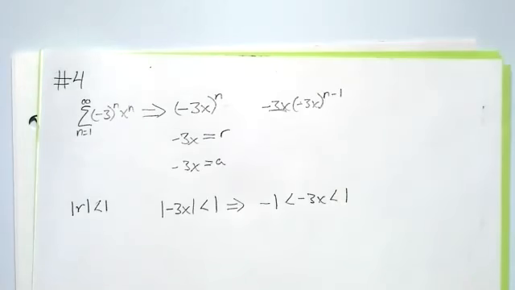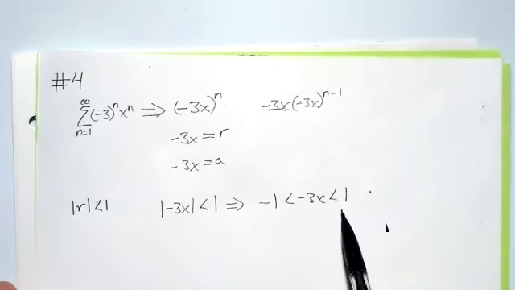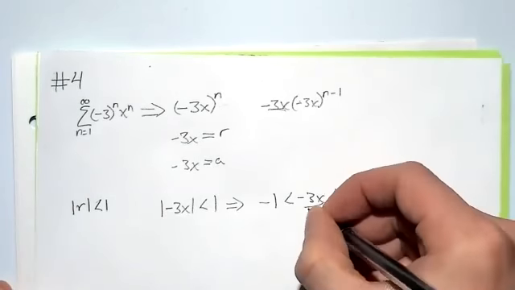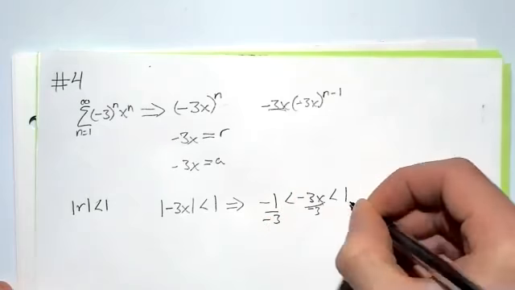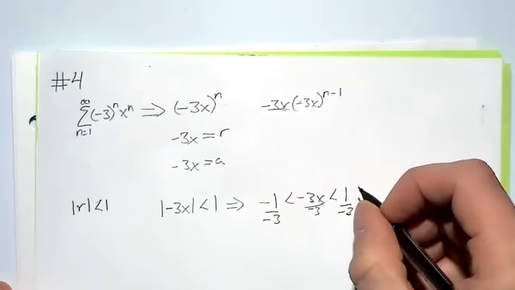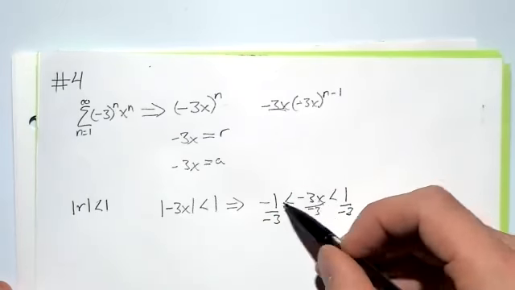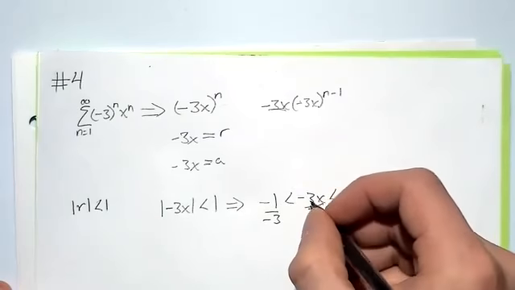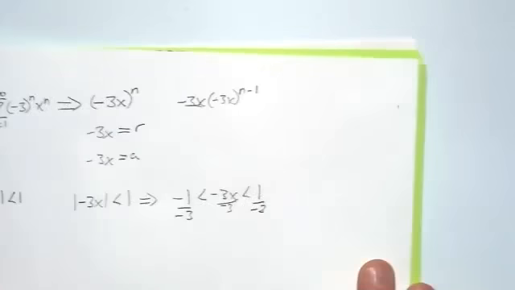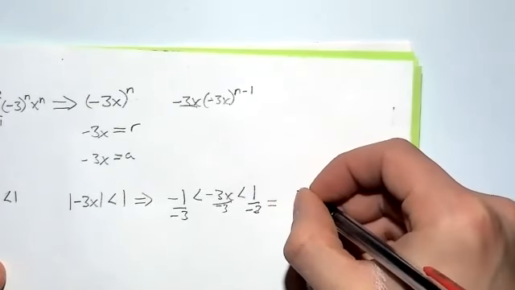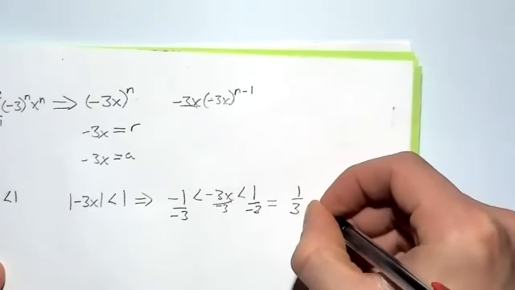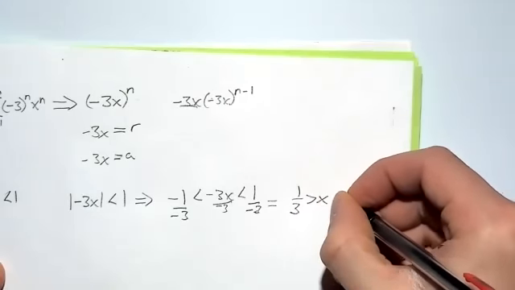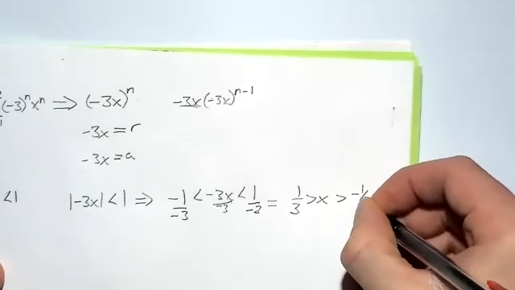Simply from here, we are going to divide by -3 on each side. When we divide by a negative, our inequality signs will flip. So now we'll have 1/3 is greater than x is greater than -1/3.